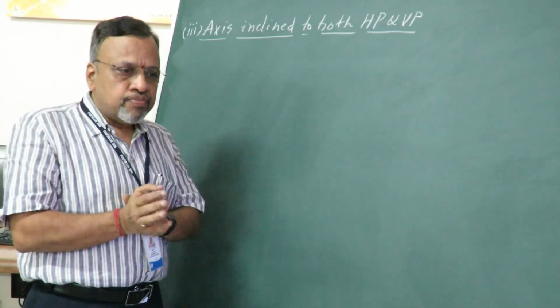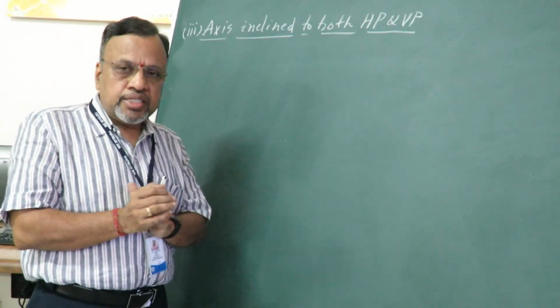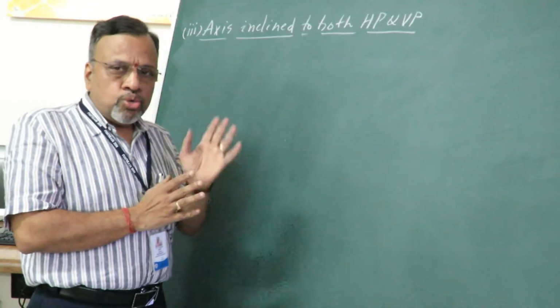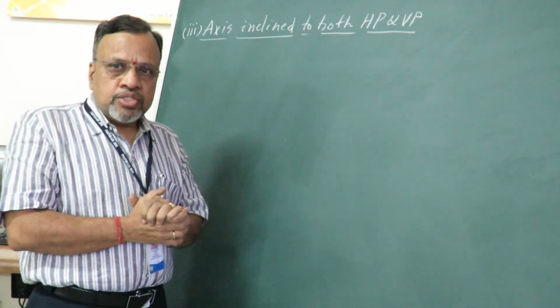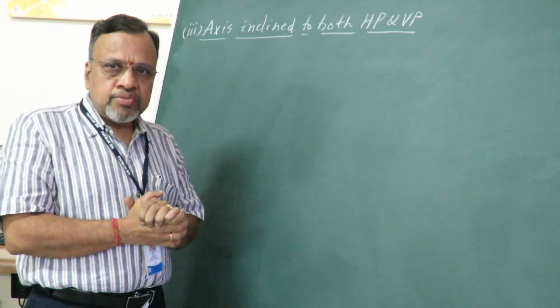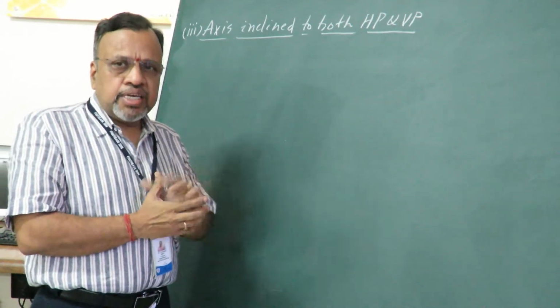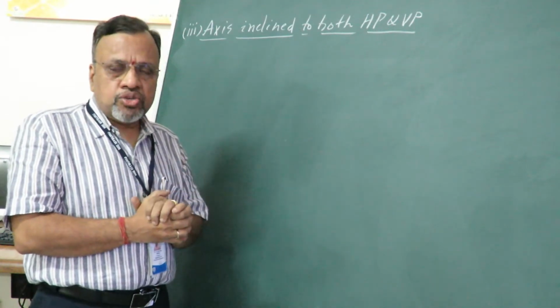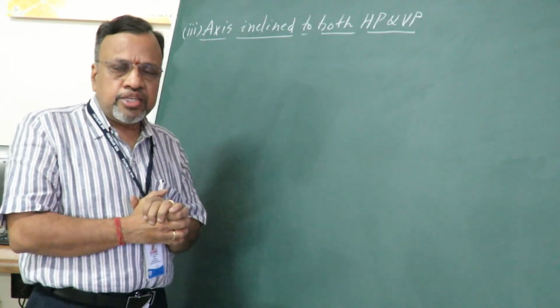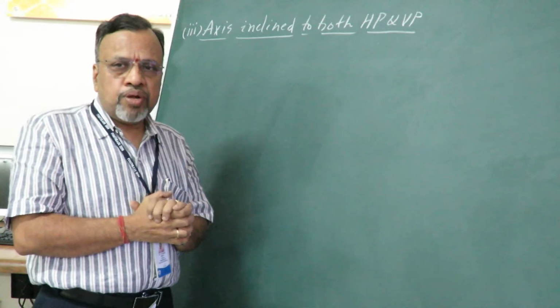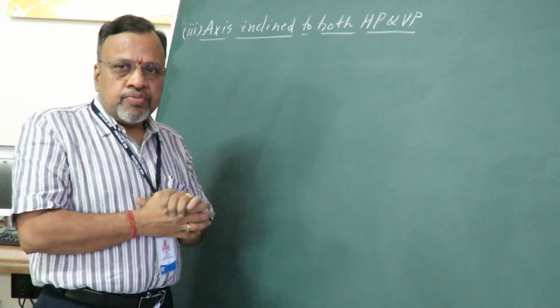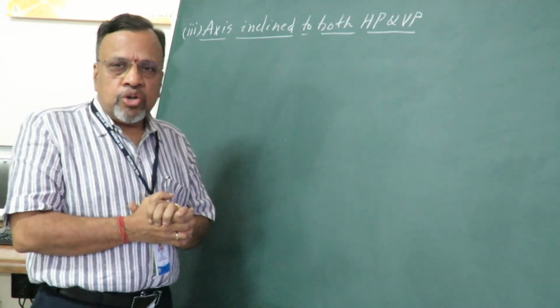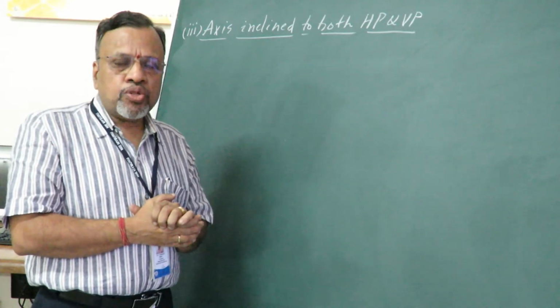If you just recollect, in the first case, to satisfy that the solid is inclined to both the planes, we would have given one axis inclination and one side inclination. That is, the combination of axis inclination and side inclination can be given in the problem, so that the solid is inclined to both the planes.